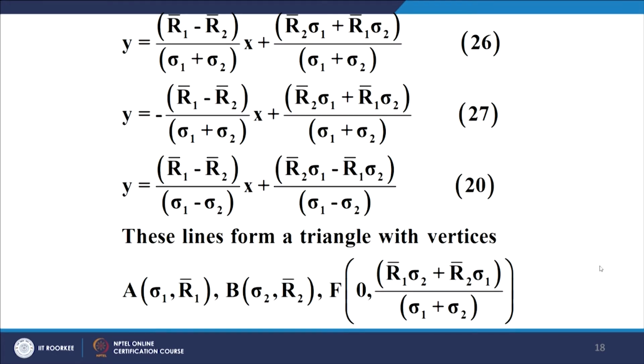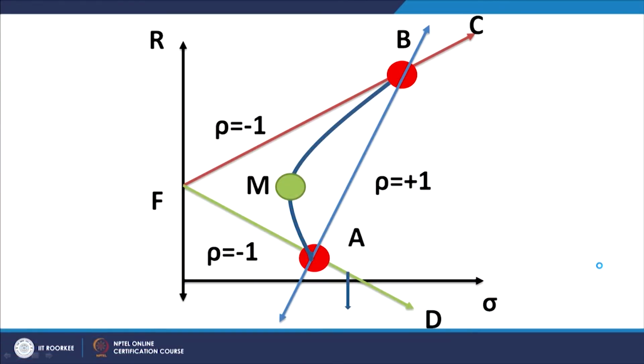Of course, the x coordinate of F is 0 because it is the risk free point, and by definition we assume that the standard deviation is a measure of risk, and therefore risk freeness implies 0 value for the standard deviation. So, this is the diagram of the general portfolio possibilities curve of two securities.